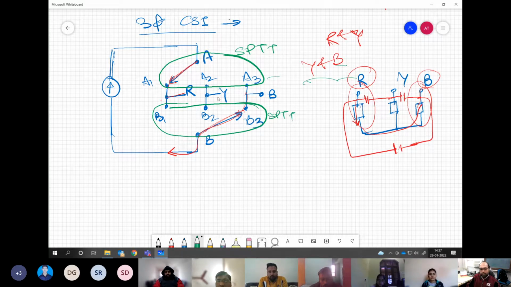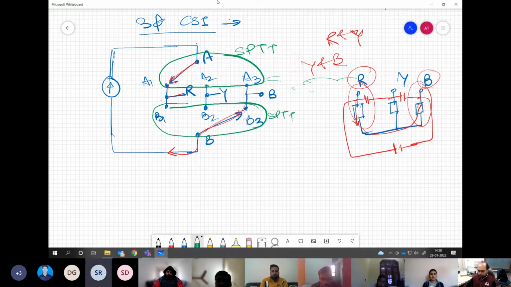Earlier we were increasing the number of throws. Here also we are increasing the number of throws, but each is connected to the phase of the load, not the source. Earlier it was connecting to the source. You understand the difference? Clear? Yes, sir.